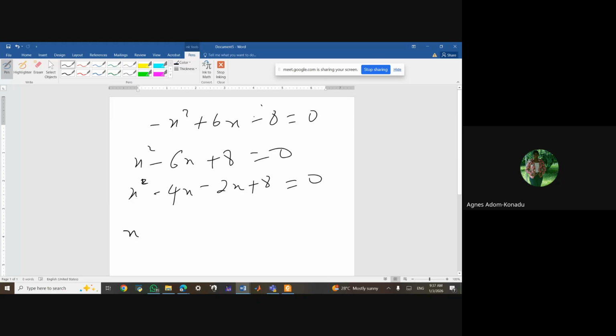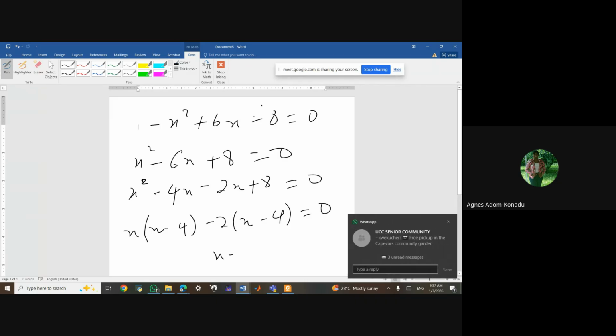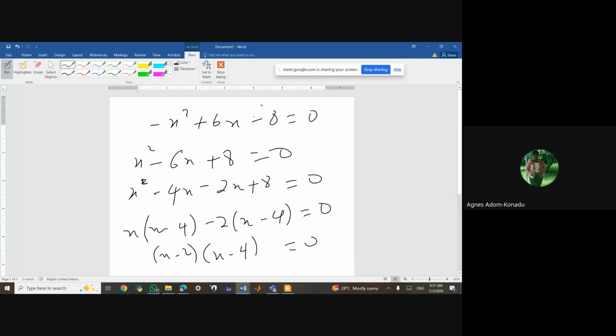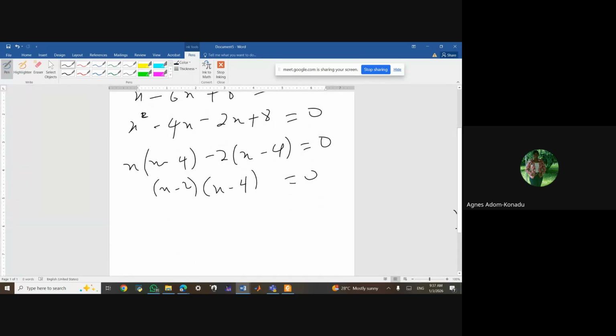So I can write it as (x minus 4)(x minus 2) equal to 0. So I get x minus 4 and x minus 2 equal to 0. My x-intercepts mean that my y values are 0. So my intercepts are (2, 0) and (4, 0). These are my intercepts.